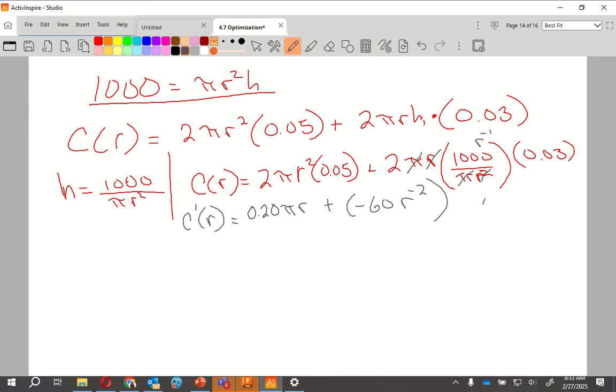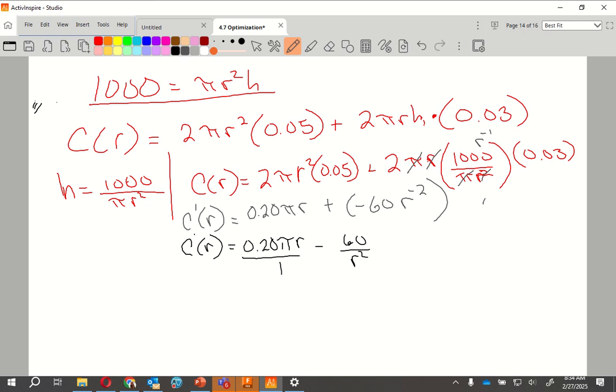And since we're optimizing this thing, I need to take my derivative and set it equal to 0. So C prime of r is 0.20 pi r over 1, minus 60 over r to the 2, and I need to have common denominators.